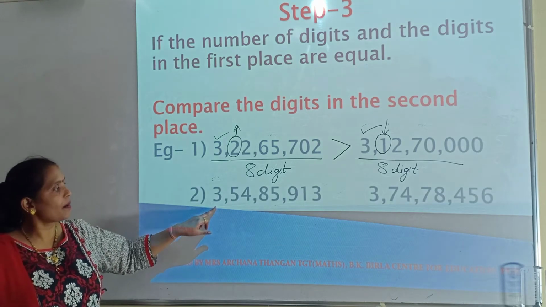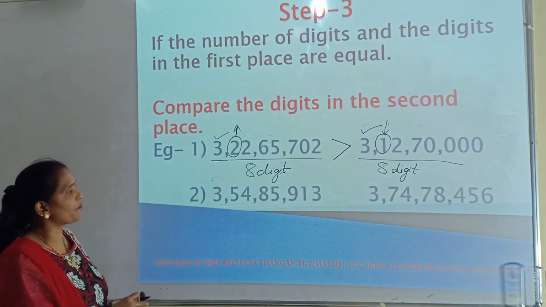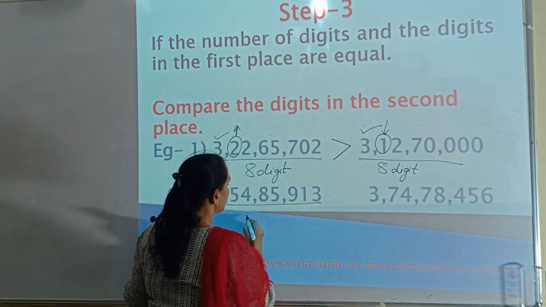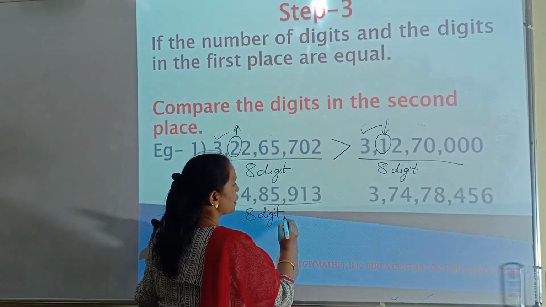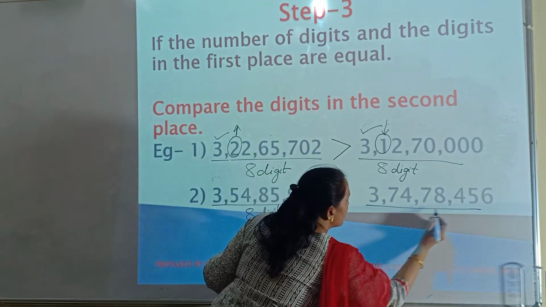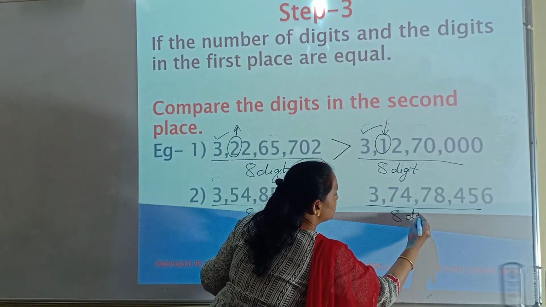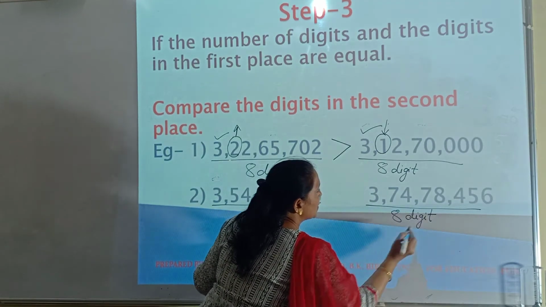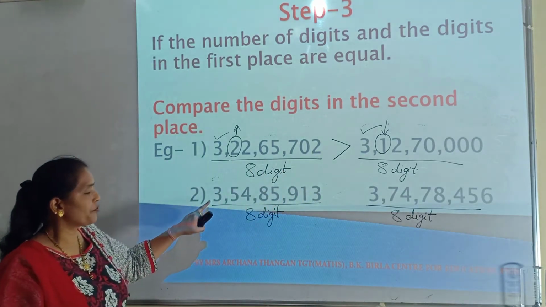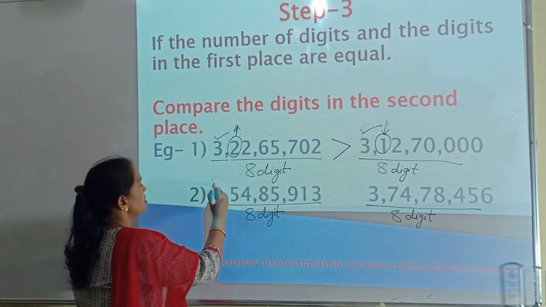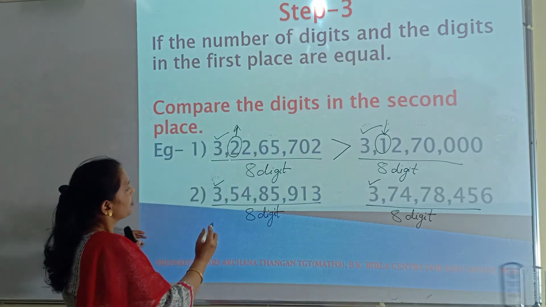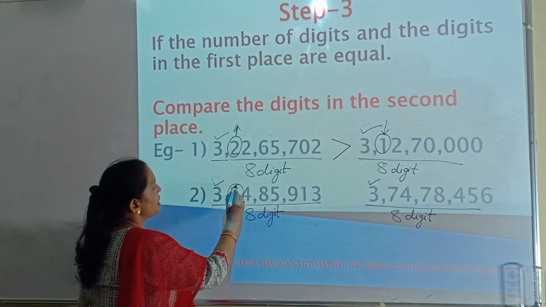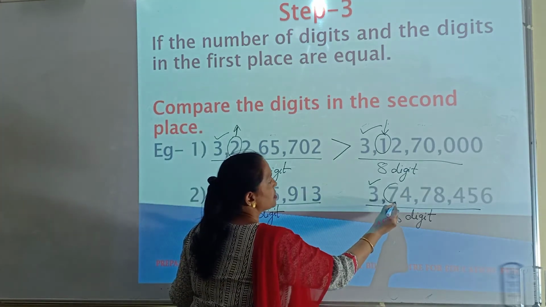Try one more example. Here also the number of digits are equal. This is an 8 digit number, and this is also an 8 digit number. Here the first digit is equal. Second digit: here the second digit is 5 and here the second digit is 7.